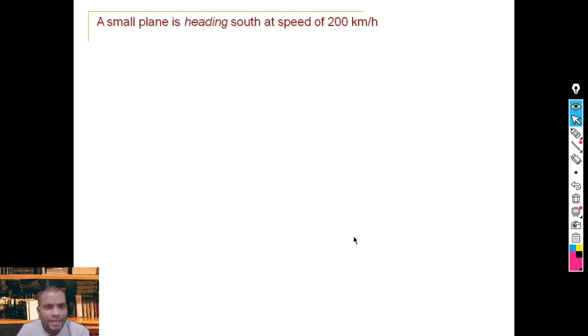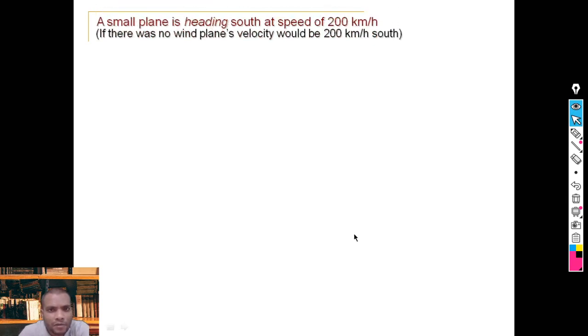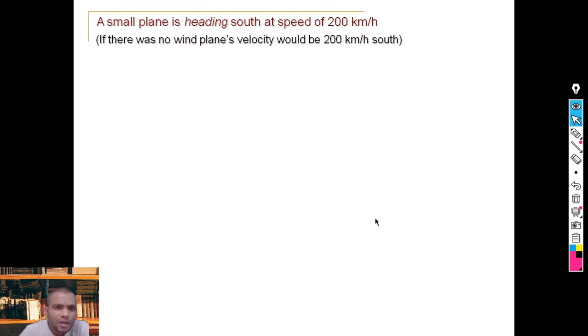A small plane is heading south at a speed of 200 km per hour. In this special case, if there was no wind, the plane's velocity would be 200 kilometers per hour south. That is the velocity of the plane, 200 kilometers per hour. It is heading towards south.